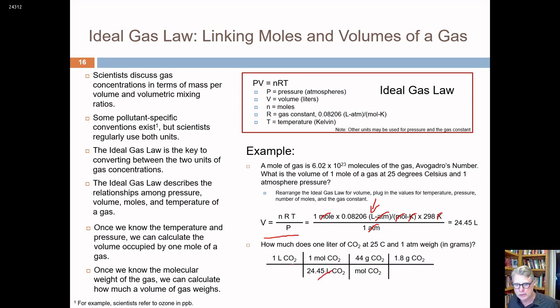So we can cancel out our liter of CO2 because we now have it in moles. And we know that every mole of CO2 weighs 44 grams. So that can cancel out our moles. And now we're at grams of CO2. So we do the math. 44 divided by 24.45 is 1.8 grams of CO2.